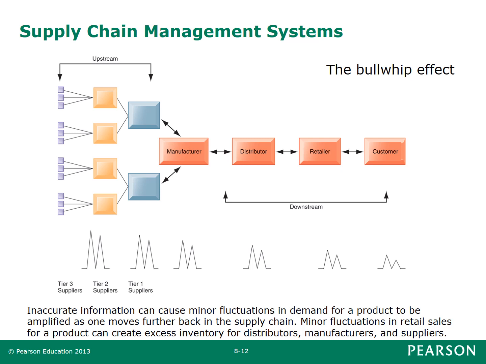This figure shows us the problem of demand distortion in a supply chain, which increases as it moves back through the supply chain. It starts with a shift in consumer demand, which drives a response by retailers, then wholesalers, then manufacturer, then component supplier, then raw material suppliers.